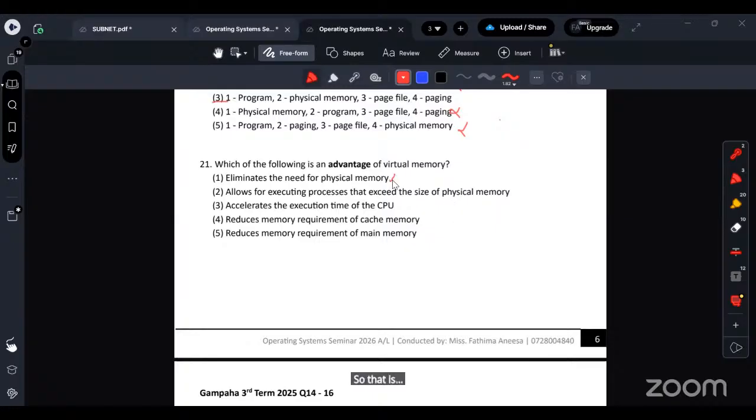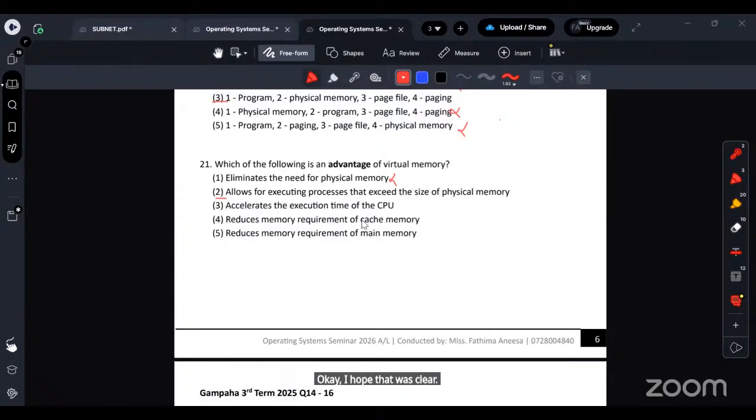Yes, the answer is the second one. It allows for executing processes that exceed the size of physical memory. So the primary purpose of virtual memory is this. It uses a technique called paging. It swaps data between RAM and the hard drive. I hope that was clear.